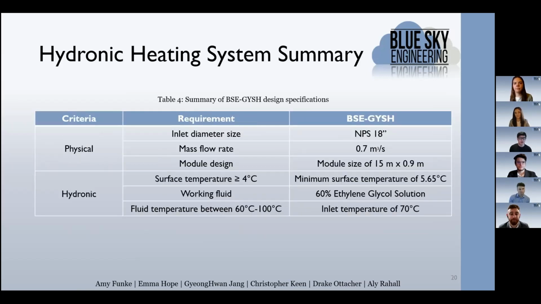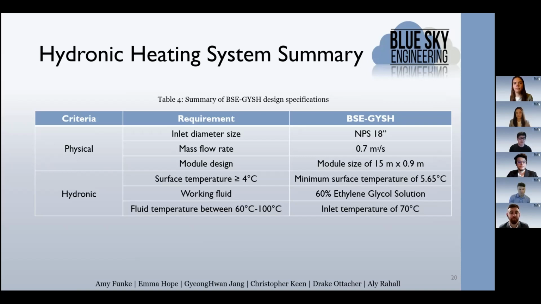So returning to our initial design objectives, Blue Sky Engineering has presented a solution that uses an inlet pipe diameter of NPS 18 inches with a flow rate of 0.7 meters cubed per second. The modules are designed to cover an area of 50 meters by 0.9 meters and cover half the width of the runway.